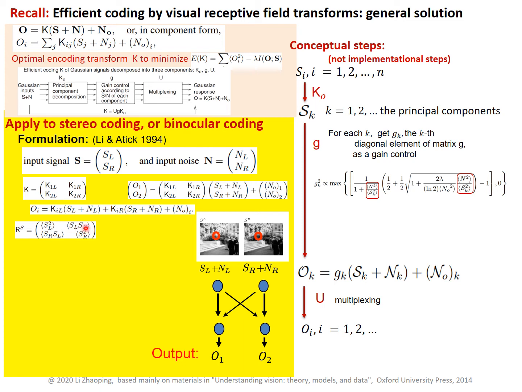If the two eyes have the same input power, then this 2x2 matrix can be simplified, or normalized, to this matrix, where this is the average power in each of the eyes, assumed to be equal, and the off-diagonal element R is the correlation coefficient between the inputs from the two eyes.